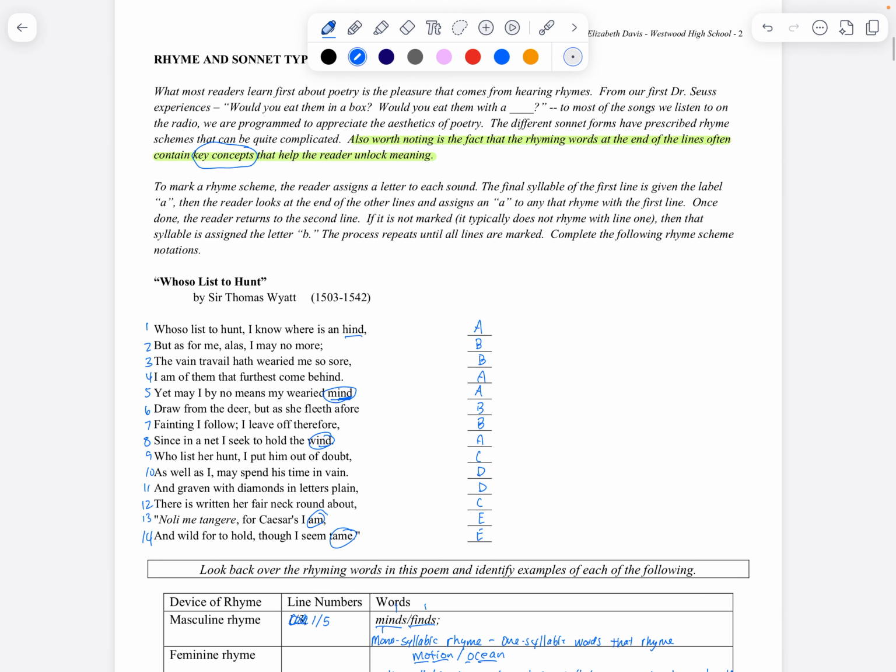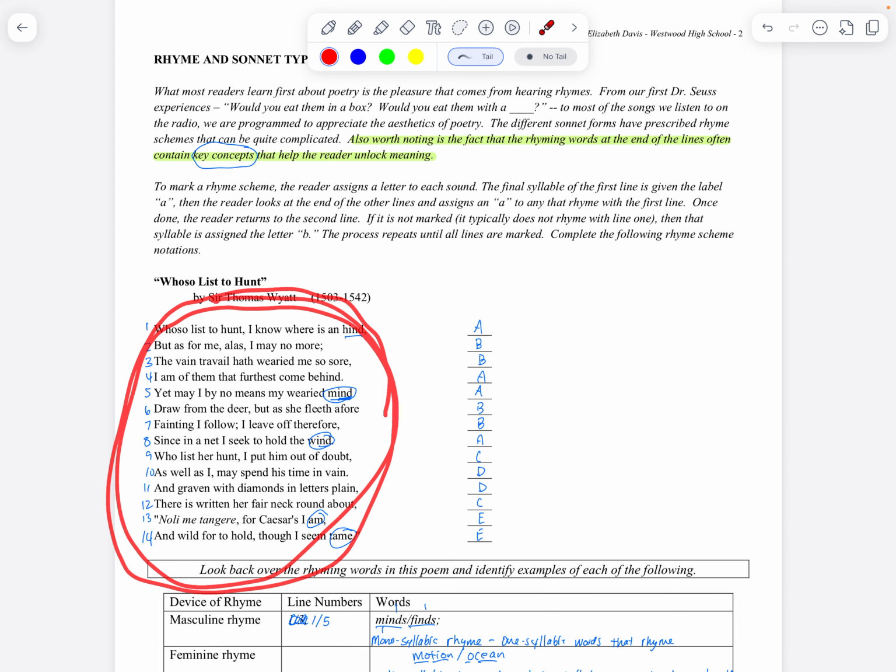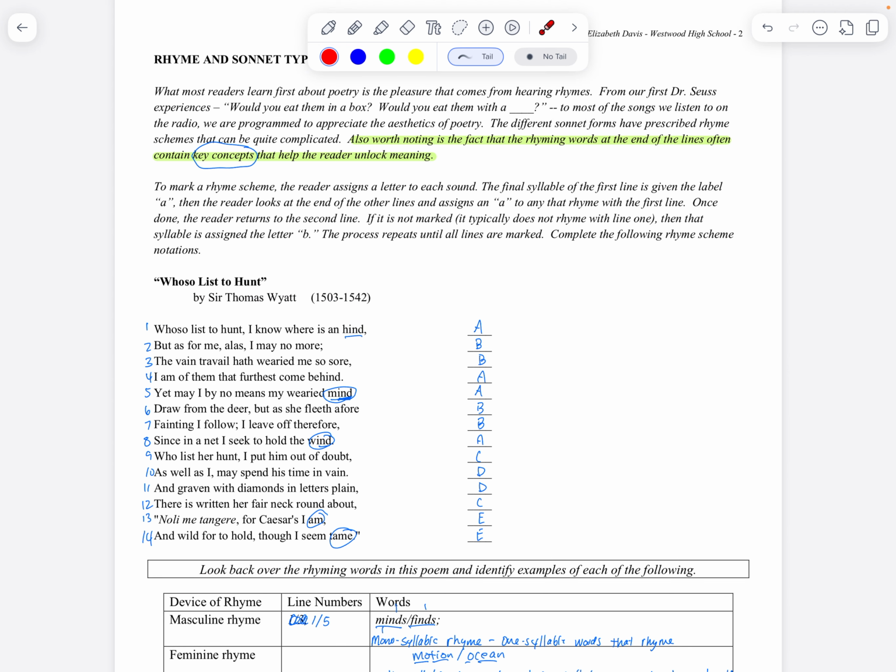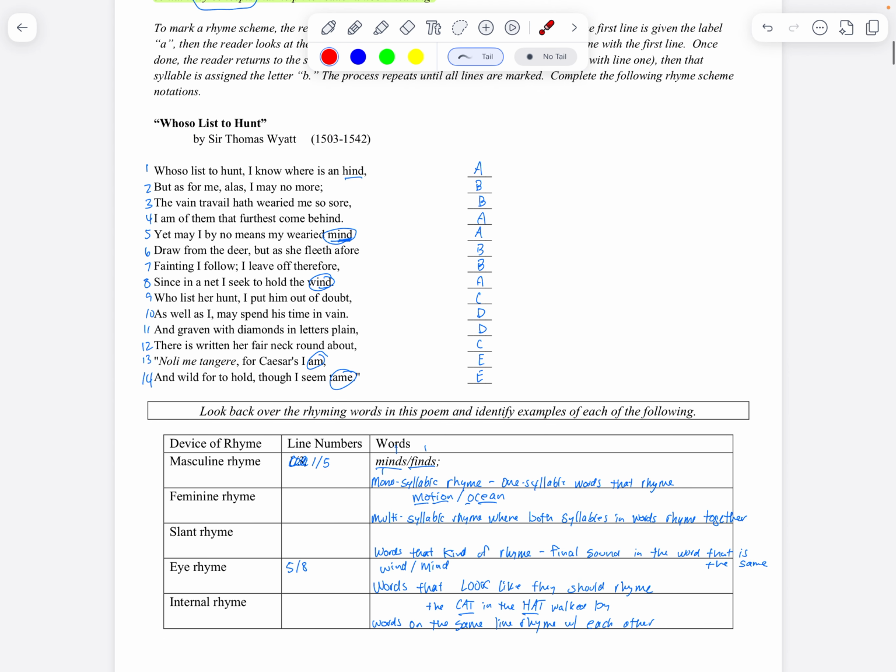And after we understand a poem a little bit deeper, once we make meaning out of the words, after we do another step called paraphrasing, we can see, based on what the author is writing about, why maybe they have chosen to use a masculine rhyme, a feminine rhyme, a slant rhyme, an I rhyme, or an internal rhyme. And that just adds another layer of meaning, okay?